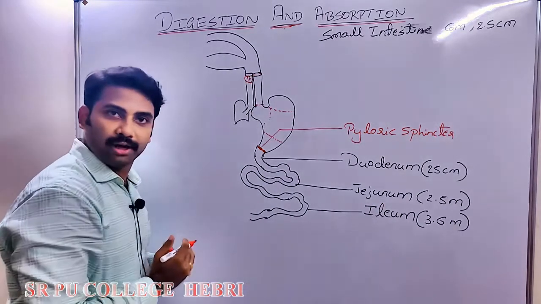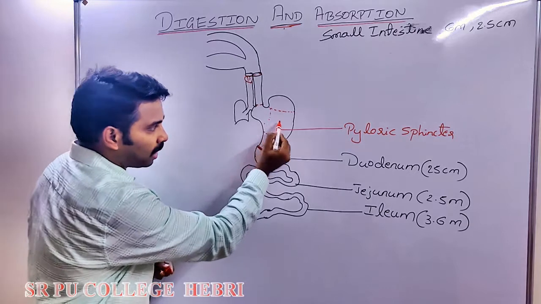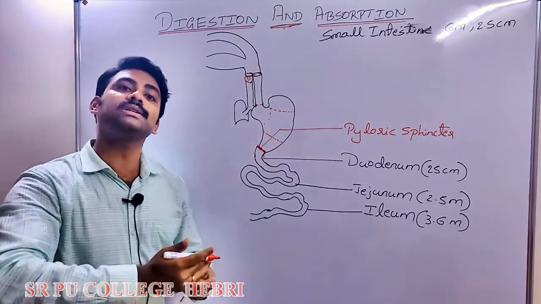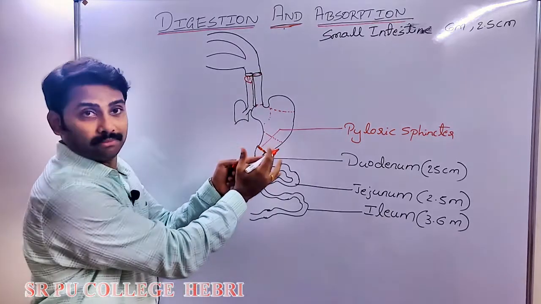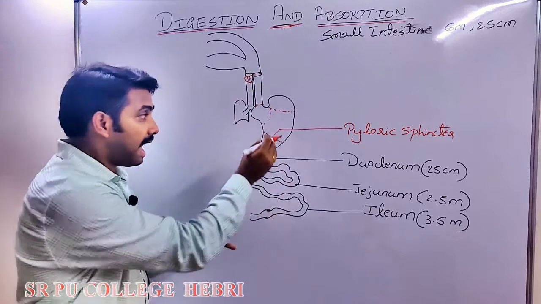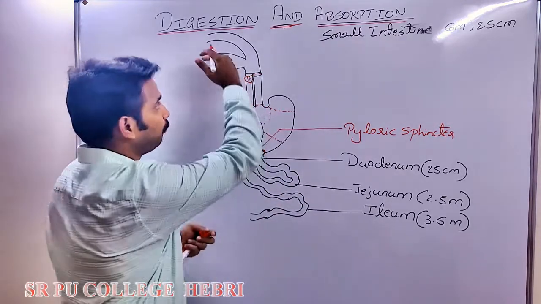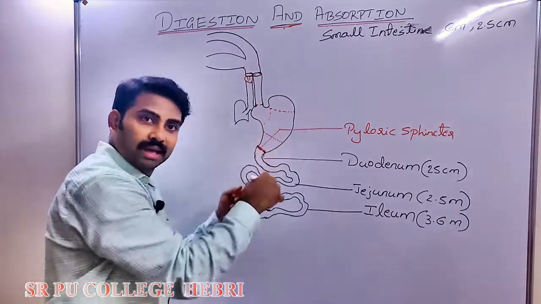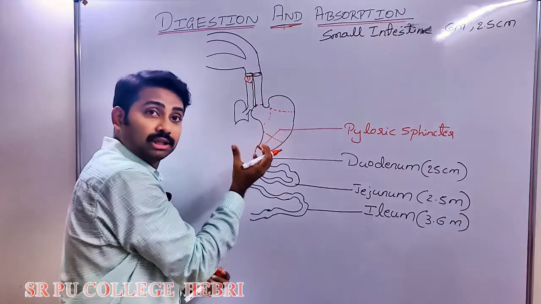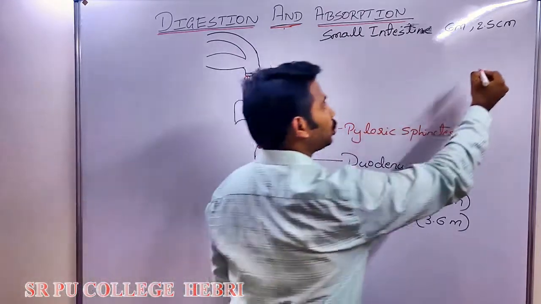What is the job of it? It allows one-way movement of the acidic content present in the stomach. What is that called? That is called chyme. The juice present in the stomach, called gastric juice, mixes with the food that you have eaten, and the acidic liquid formed when both mix, we call it chyme.